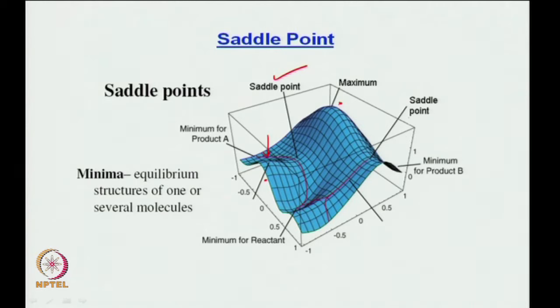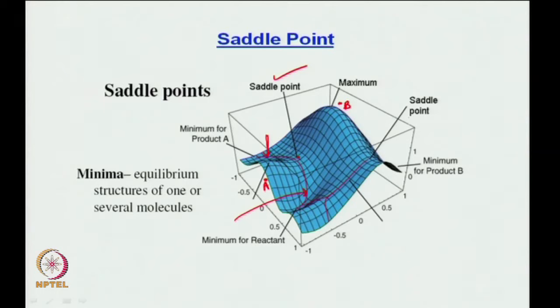You look at this red curve, where the arrow is again. Wherever it starts and wherever it ends, it actually goes to a maximum. That is the transition state for that reaction coordinate. But if you look at the same saddle point from the perspective of joining these 2 points, say this is A, this is B, this point is no longer a maximum, this point is a minimum, but in a direction orthogonal to the one you were considering before.